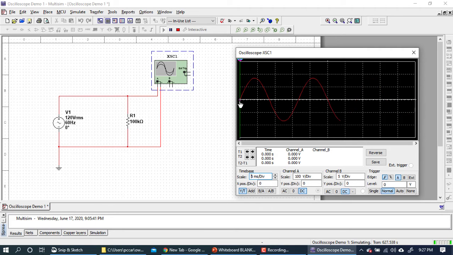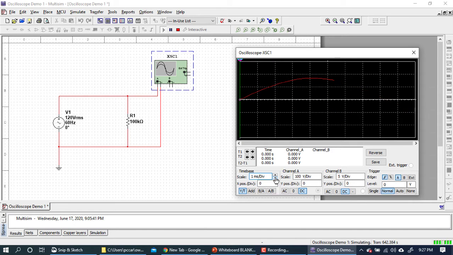Now, a better way to measure the period of a waveform is to get this waveform stretched out as much as possible where you can see one complete cycle. You've got to be able to see the whole cycle on the screen, and no more, or at least at the minimum. So adjust your time base until we see one cycle.